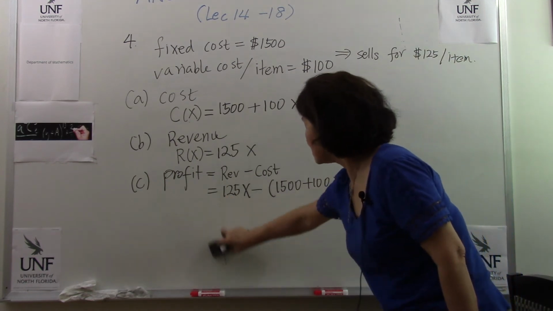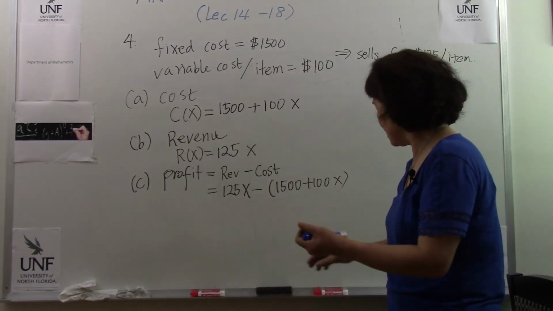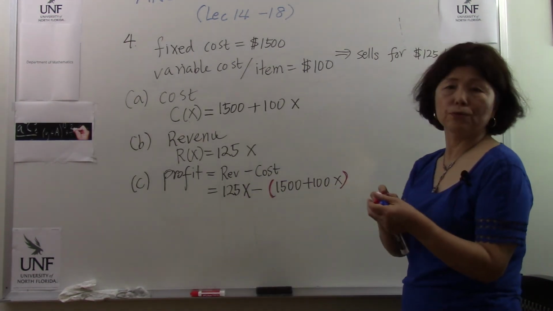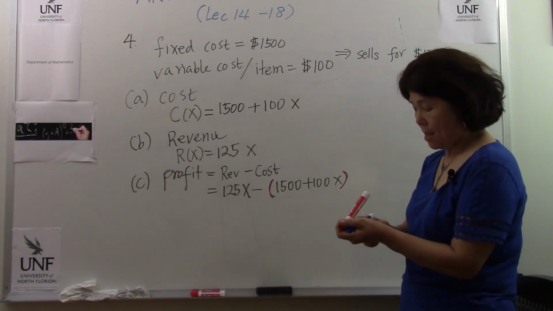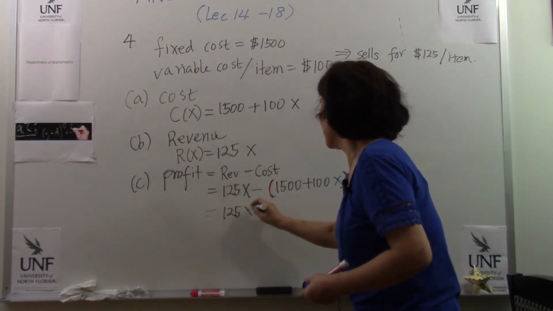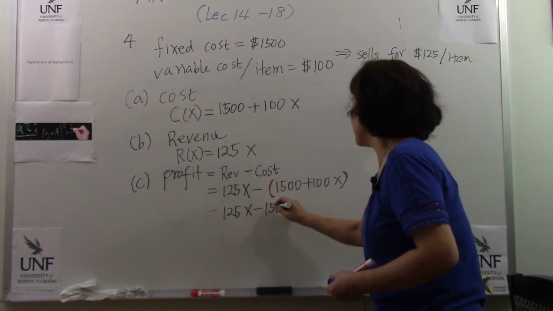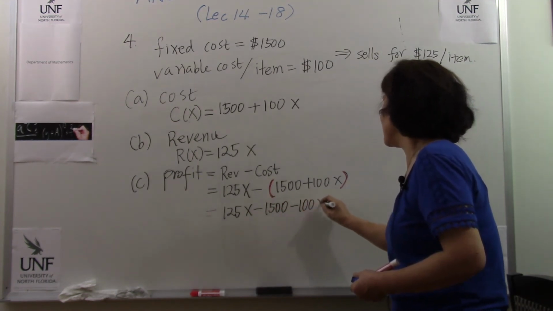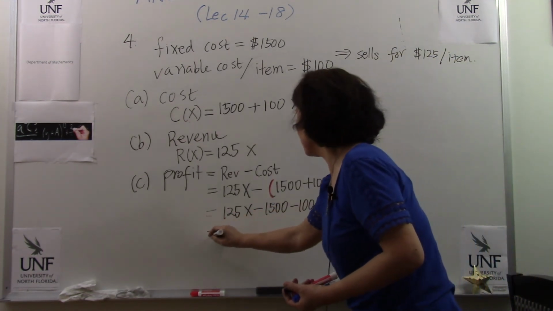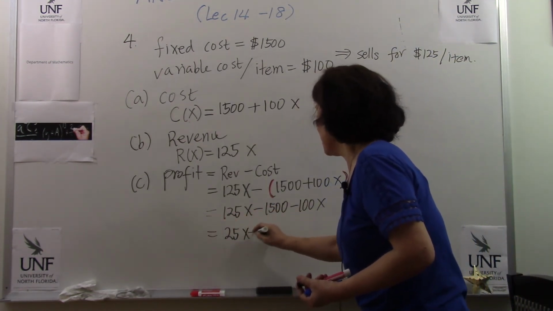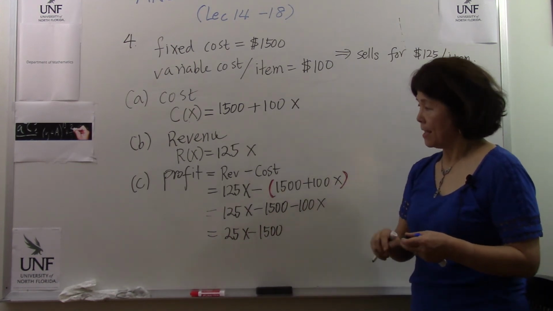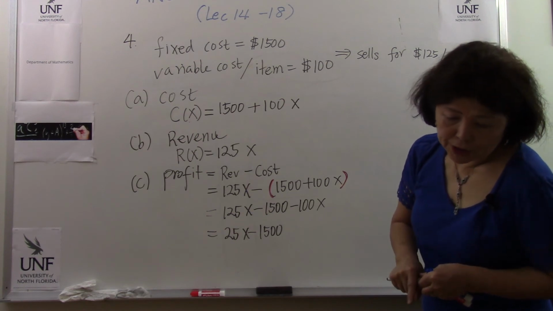Yeah, this is each and every time. I just see that some people make a mistake. You must use a parenthesis. Okay, so that gives you 125x minus 1500 minus 100x. Once you subtract this, you get 25x minus 1500. So that is a profit function.